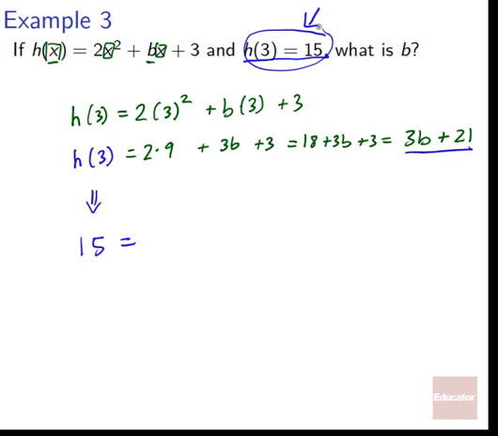Otherwise, there's no logic there, right? So 15 equals 3b plus 21. We subtract 21 from both sides. We get -6 equals 3b. We divide by 3 on both sides, and we get -2 equals b.